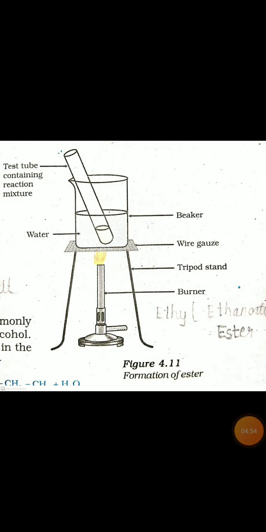So this is the process or an activity to form ester. For that, we need to learn esterification. Now, these are the reactions of ethanoic acid, in which first we are learning esterification. Esters are most commonly formed by the reaction of an acid and alcohol. So here, which type of acid we have taken? Ethanoic acid. And alcohol, that is ethanol.